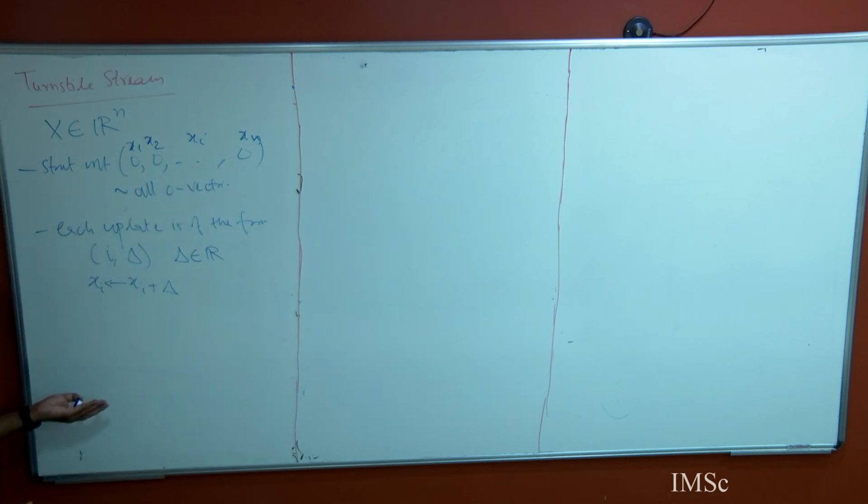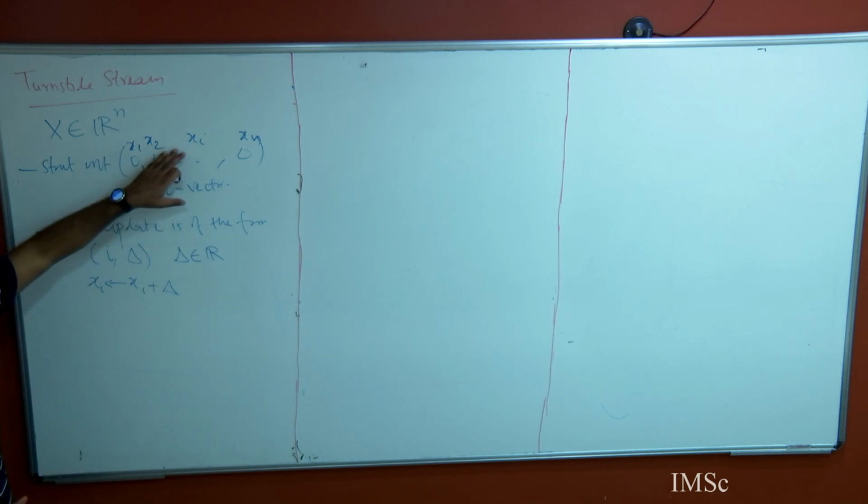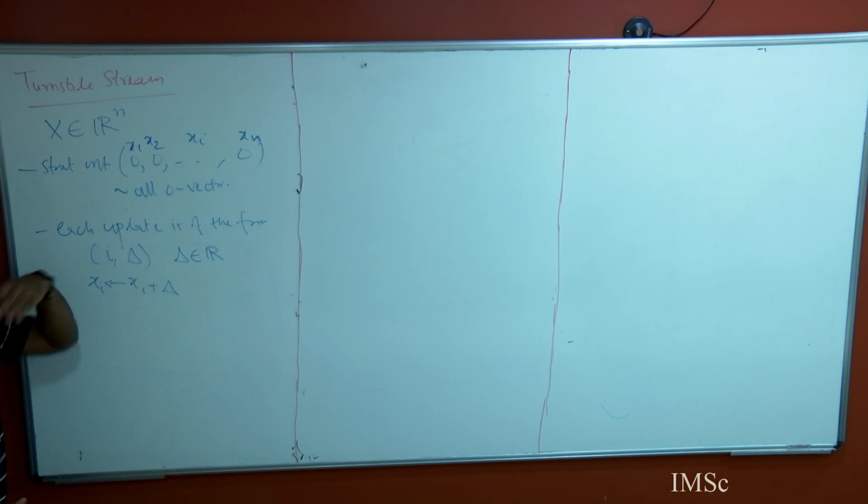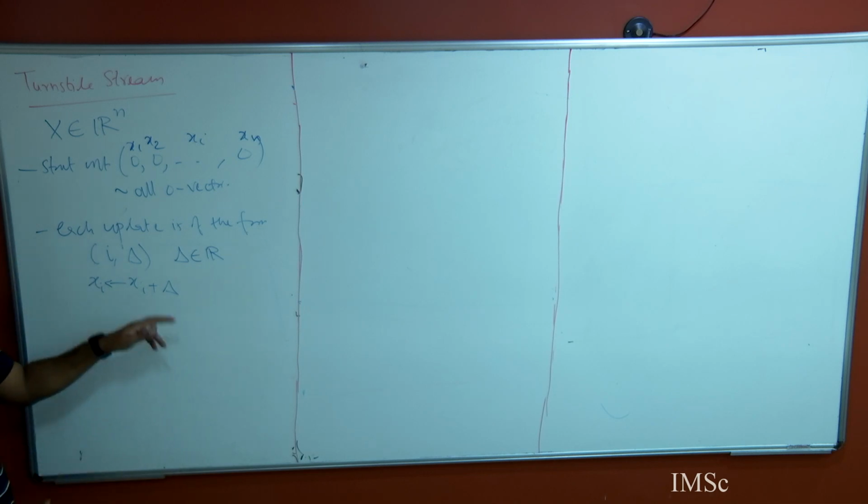Now imagine I wanted to compute some things. One can come and one can also go, because delta is an element of R, so things can go up and down. And what is my objective?